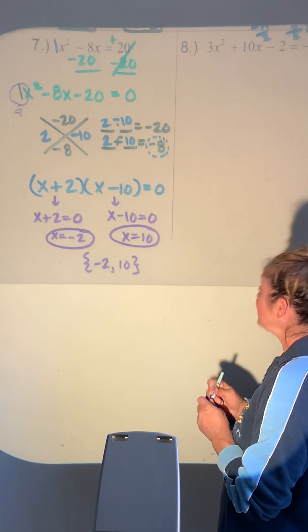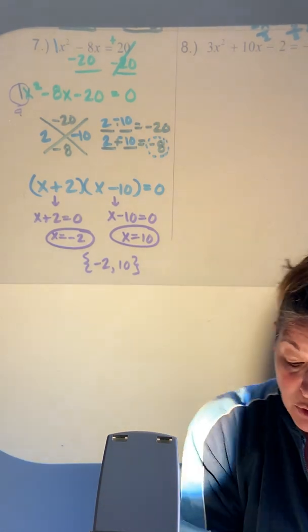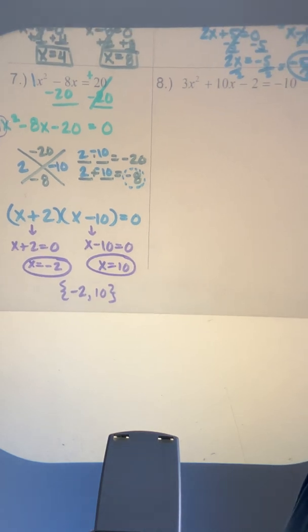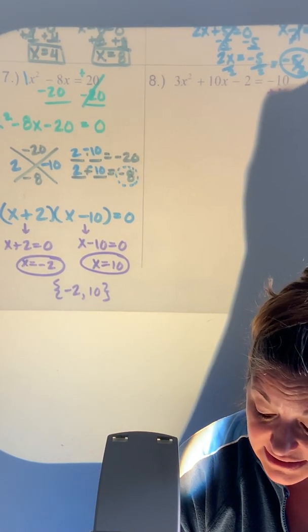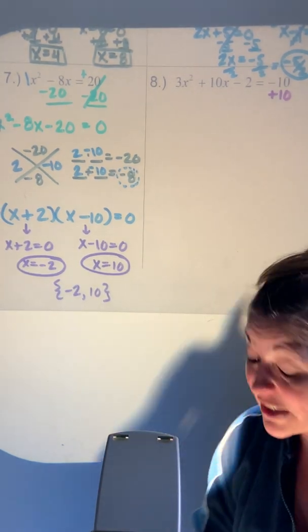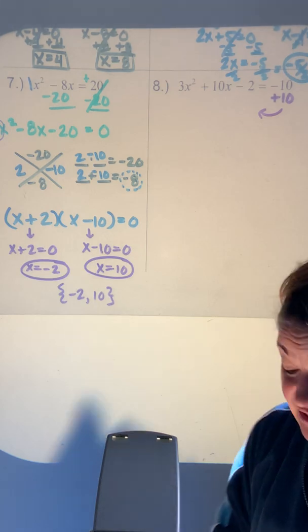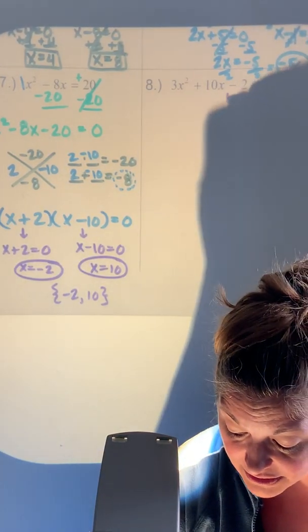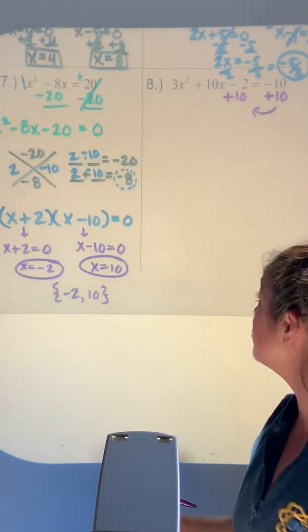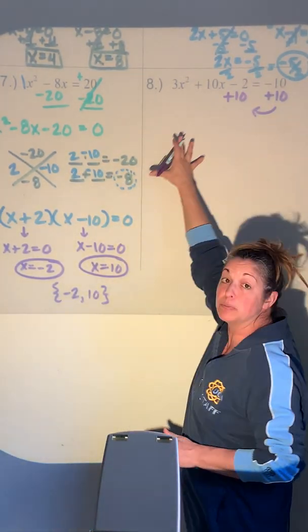For number 8, again, not set equal to 0, so we're going to go ahead and have to move that over first. So we're going to take that negative 10. Because it's negative, that means we've got to add it when we move it over. I notice that on this left side here, I actually have another constant right here, that negative 2. So you notice that there is something on the left that will match what you're moving over.